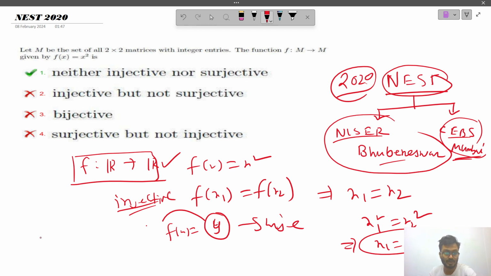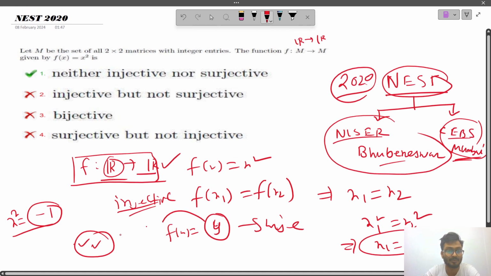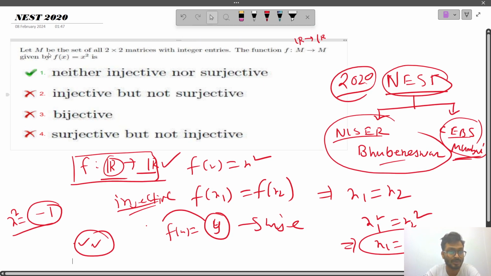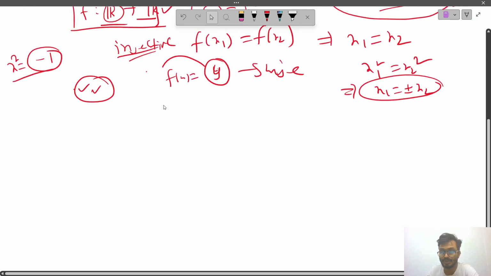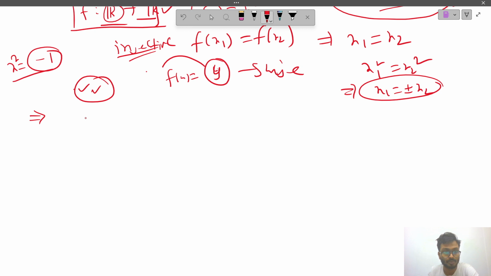Again, if you take the value minus 1, it has no image, because we cannot find some x such that x square equals minus 1 in R. So if it was given R instead of M, it is neither injective nor surjective. But here it is not given R, it is given M. So for that case, we will show that it is not injective and not surjective.